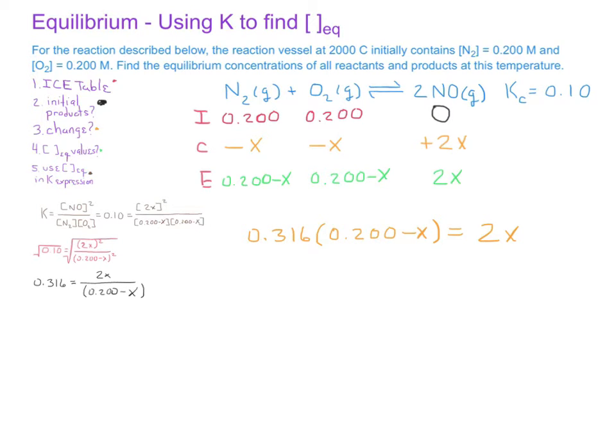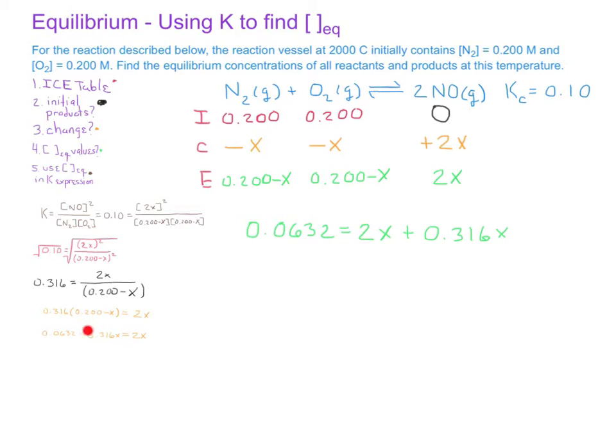We can now multiply both sides by 0.200 minus x to get the 2x by itself on one side. This is what we get when we multiply the 0.316 times each of the factors inside the parentheses.